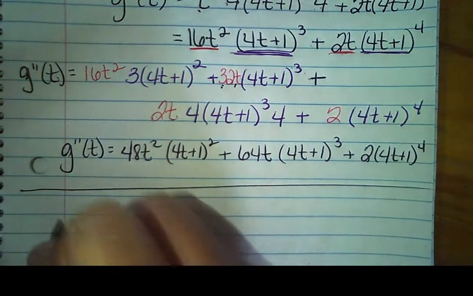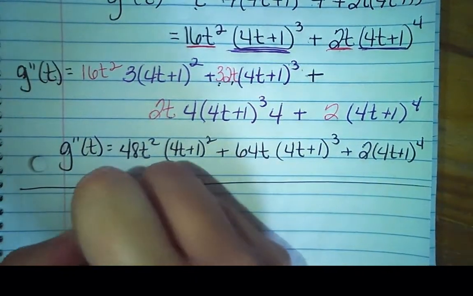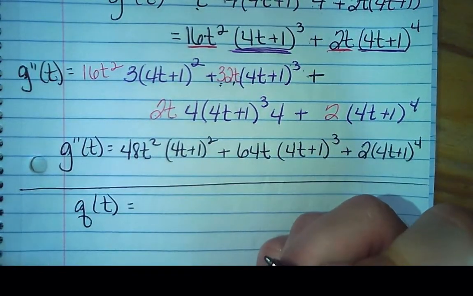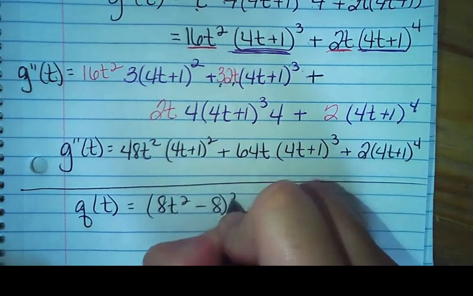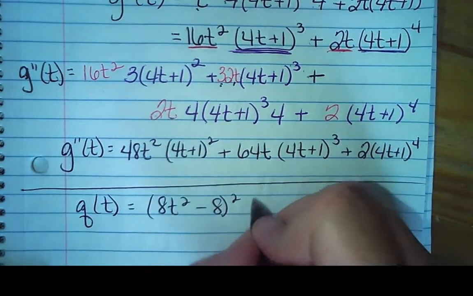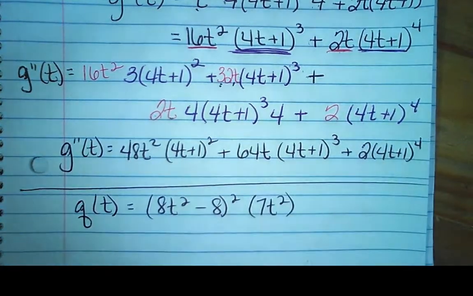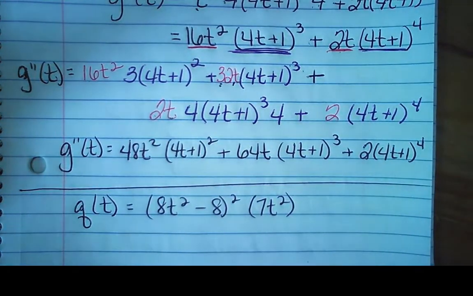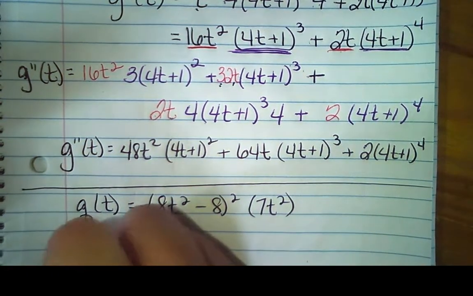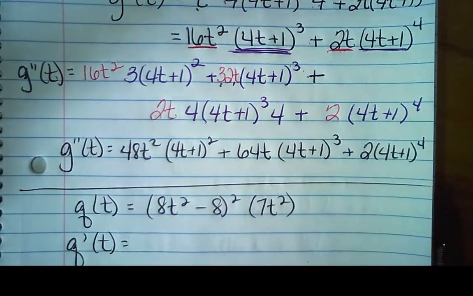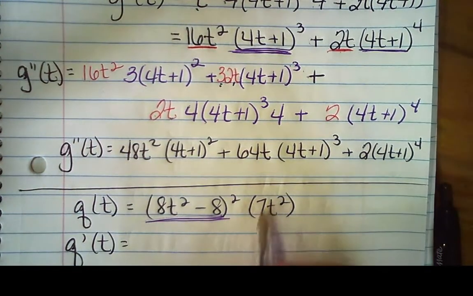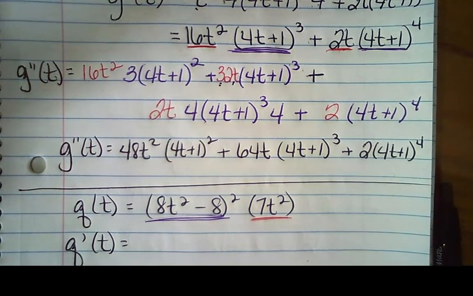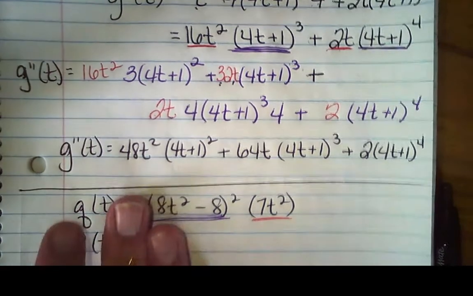So I have q of t equals (8t^2 - 8)^2 times 7t^2. Okay, and I want to take a first derivative and a second derivative. So for my first derivative, my bigger picture is I have product rule, because I've got a big chunk times a big chunk.